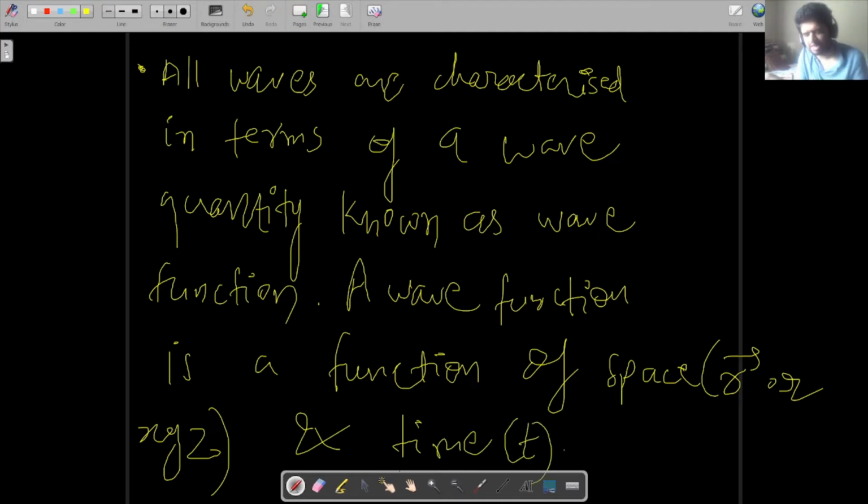Now let me explain this. All of the waves which are there in this universe are characterized in terms of a wave quantity known as wave function. There are many kinds of waves, like mechanical waves. You know this very well.